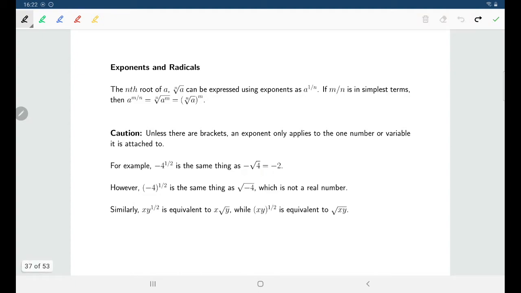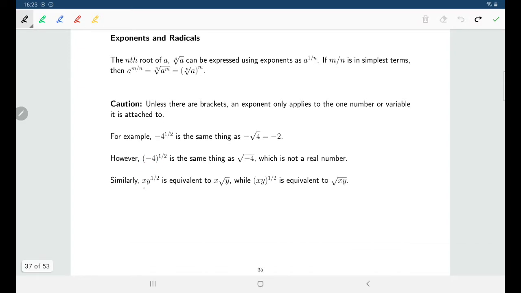Similarly, if you have something like negative 4 in brackets to the half, now all of that is having the exponent of a half applied to it. So in which case, that is negative 4 inside the square root, and that's not a real number. We also have to be careful here about the usage of brackets, because something like xy to the half can easily be misinterpreted.